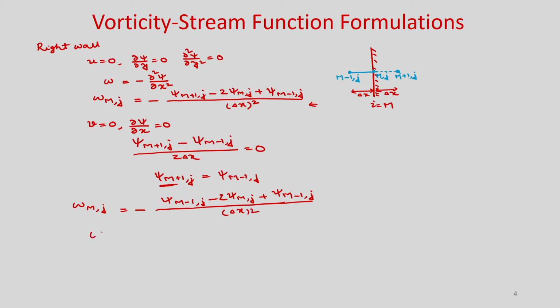So, you are going to get omega m j is equal to minus 2 by delta x square times psi m minus 1 j minus psi m j. Okay. So, in this case again psi m j is actually the value of psi on the right wall, and if you choose 0 then it will be 0, otherwise it will have some other value.